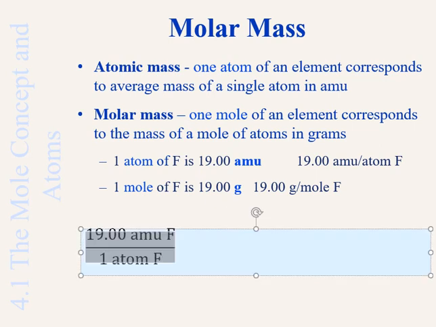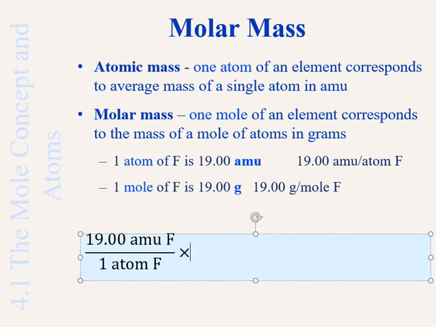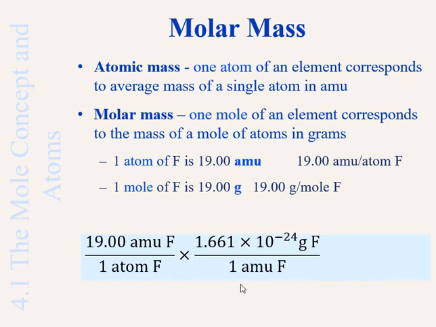We can actually do a simple calculation to see this. We already know that one atom of fluorine weighs 19.00 AMU. Now, if we multiply it by the fact that 1 AMU of fluorine has a mass of 1.661 times 10 to the negative 24 grams of fluorine, which we did in the previous problem, we'll see that the AMU of F on both sides cancel out.